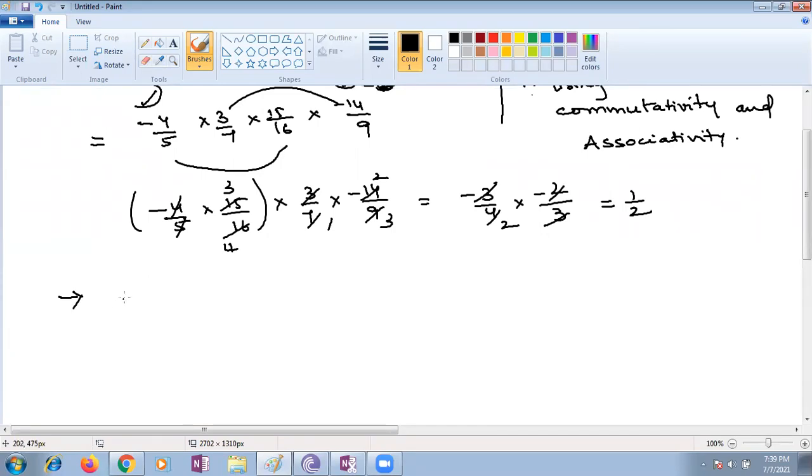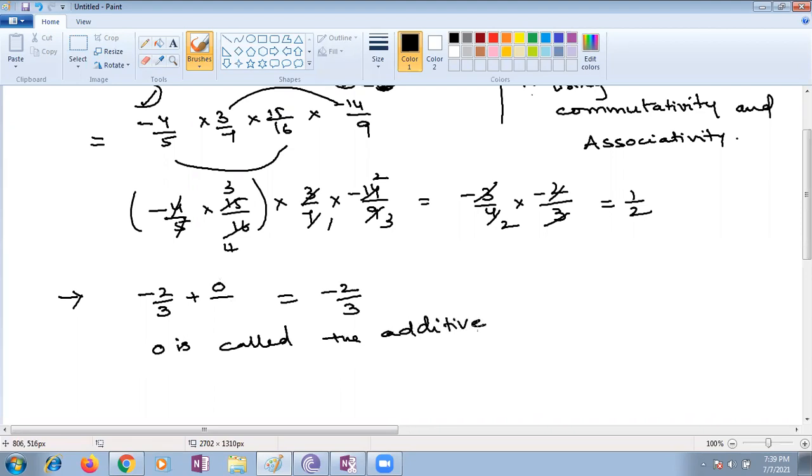If I add what number to a rational number, say 2 by 3 or minus 2 by 3, do you get the same rational number? 0. So 0 is called the additive identity. Important point, please note down. 0 is the additive identity, and 1 is the multiplicative identity.